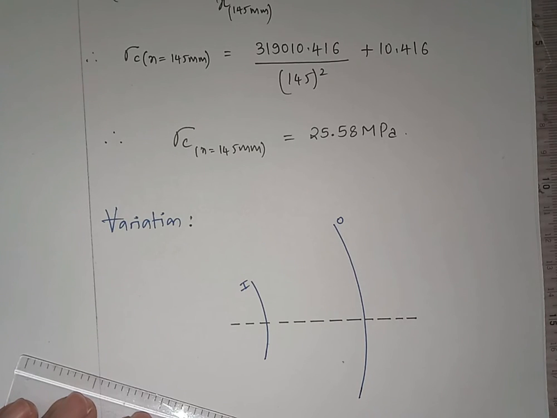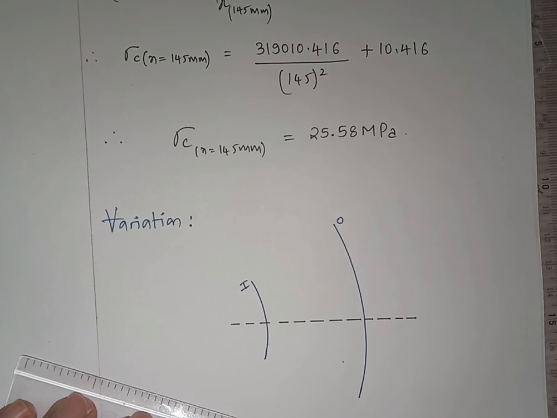Now you need to show the values. First, I'll be marking the circumferential stresses or hoop stresses. What is sigma Ci? Sigma Ci is 30.83.